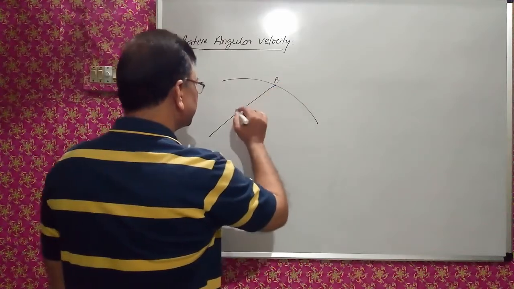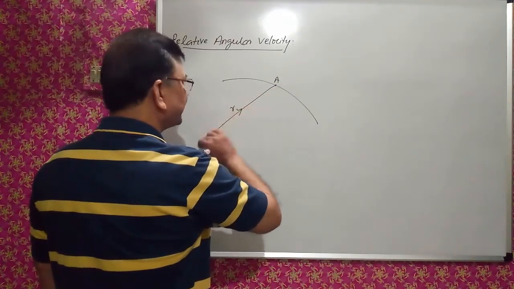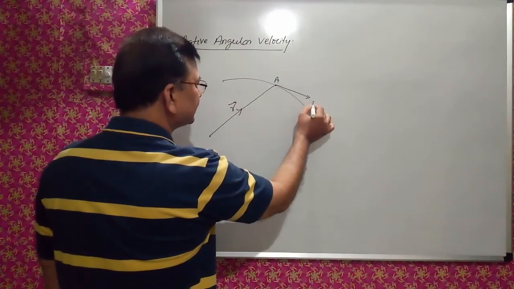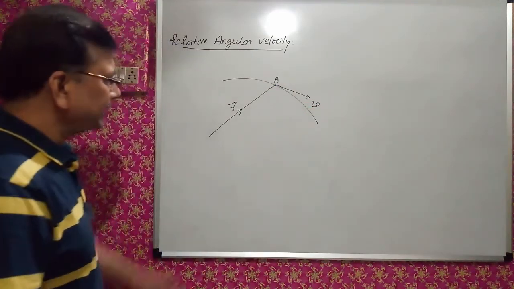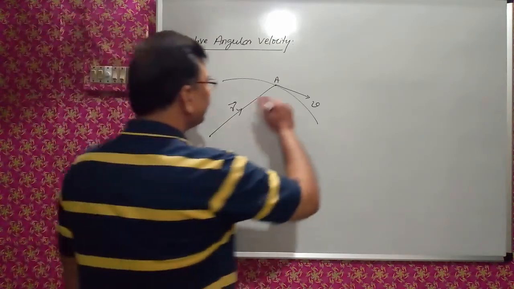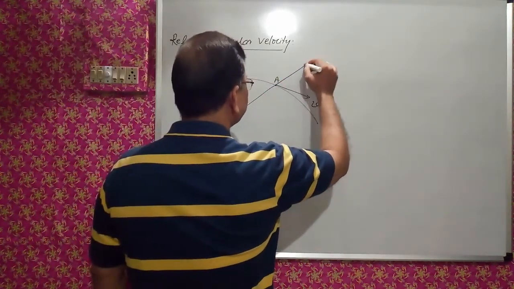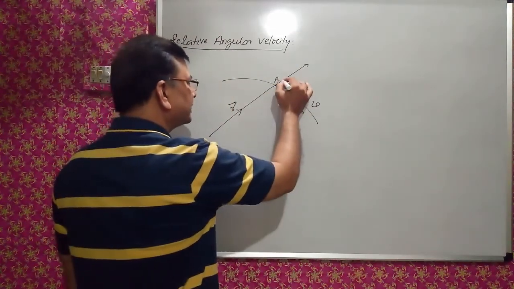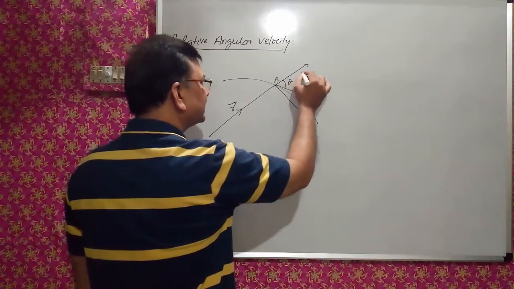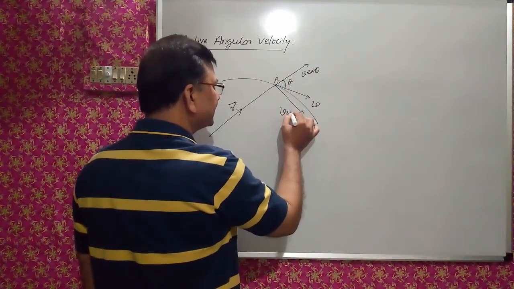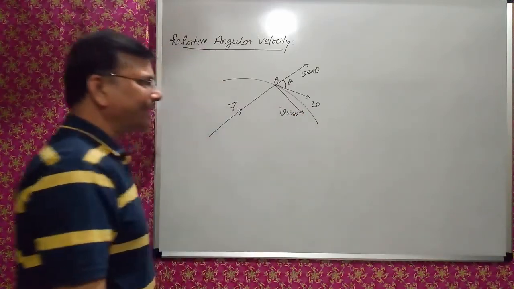Suppose this is r vector, and this is the velocity vector. Then if this velocity is resolved in two different directions, one along this radius vector, another perpendicular, and if this angle is theta, that is v cos theta, and this is v sin theta by magnitude.